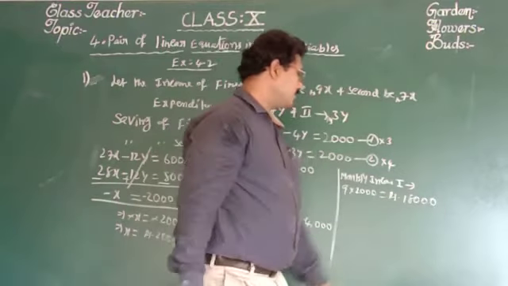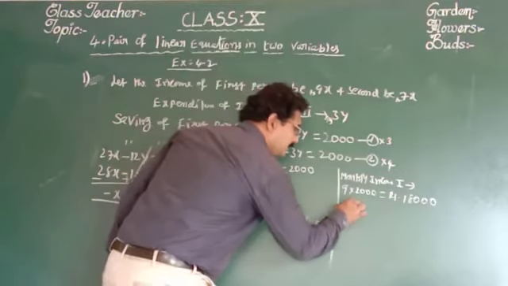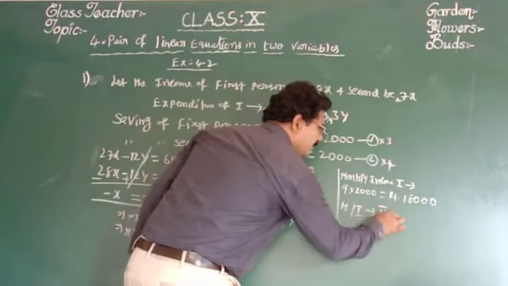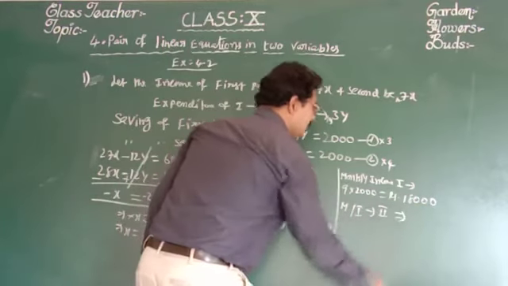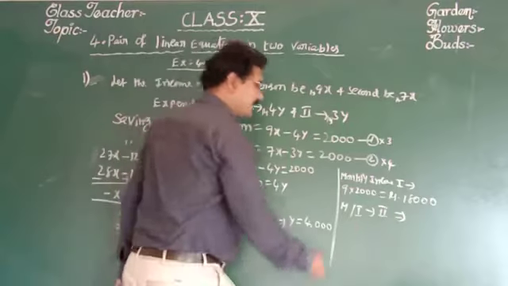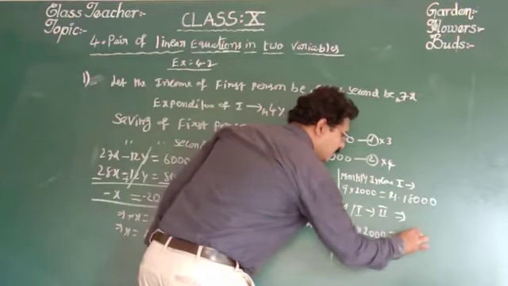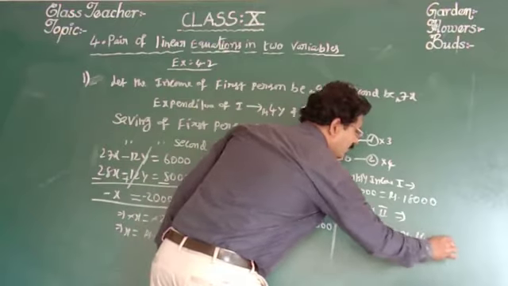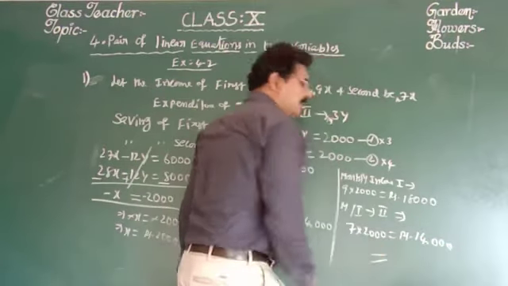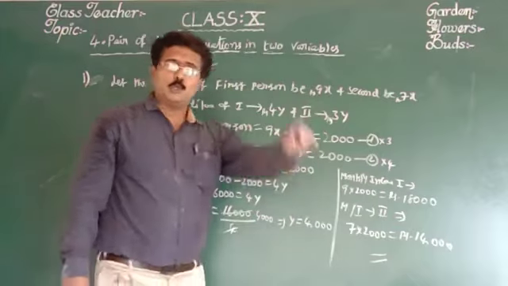Next, monthly income of the second person is equal to 7x. That is 7 into 2000, which is equal to rupees 14,000.